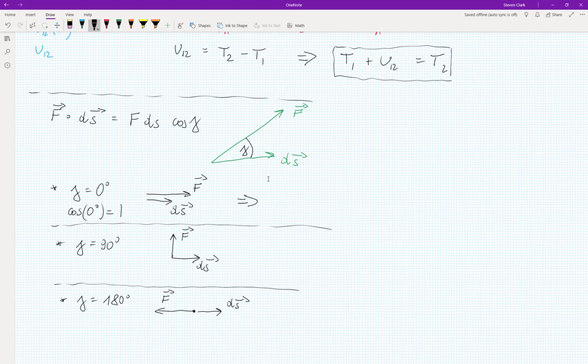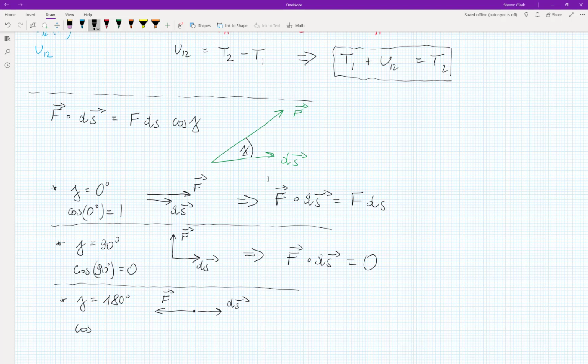So in that case, we have F times ds equals F ds, basically, yes? Cosine of 90 degrees is 0. That means that in this case, F times ds will be 0. So work of such forces will be 0, as you can see.